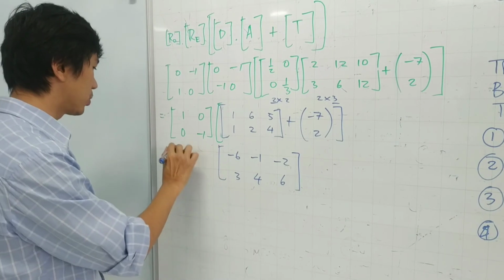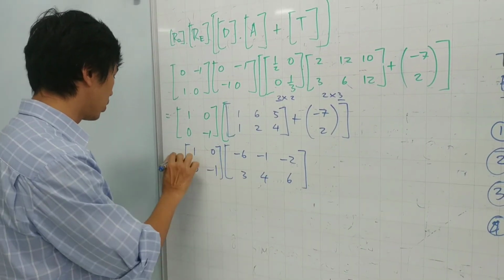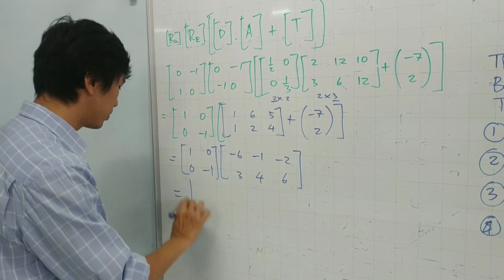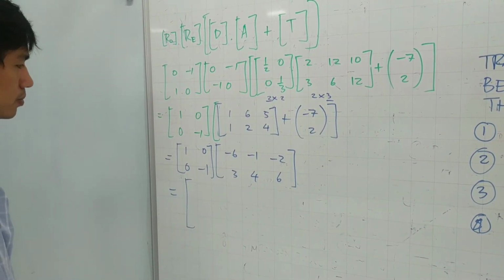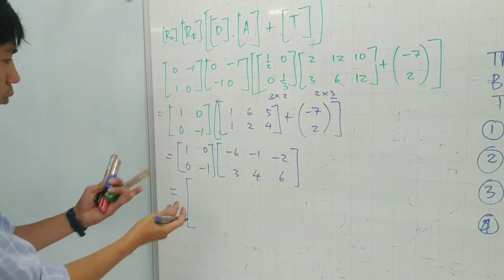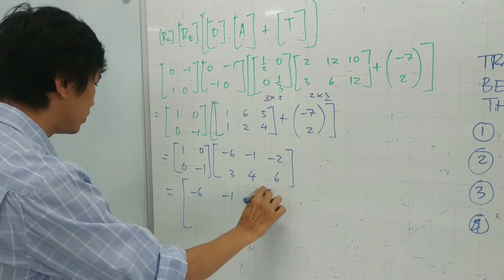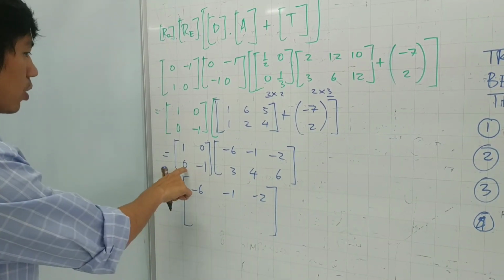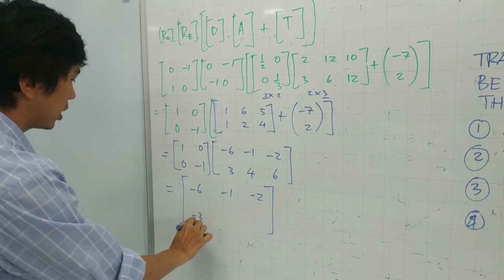Okay, then we multiply it by 1, 0, 0, negative 1. So what's the result? We'll have 1 times negative 6, and then 0 times 3. And then we add, we get negative 6, negative 1, negative 2. And then 0 times negative 6, added with negative 1 times 3, so you get negative 3.